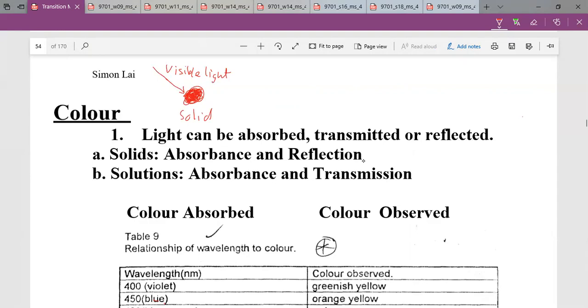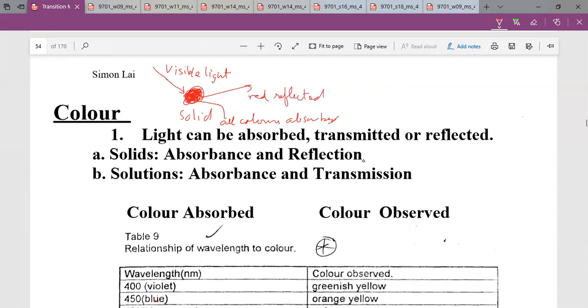All colors are absorbed, and red is reflected.